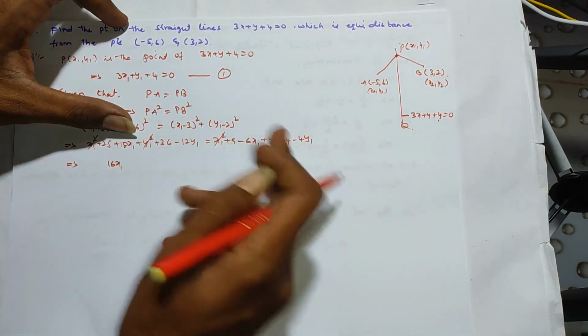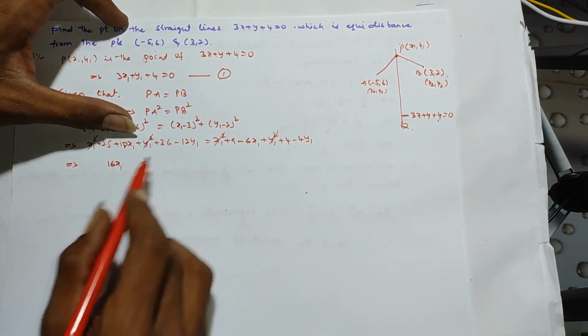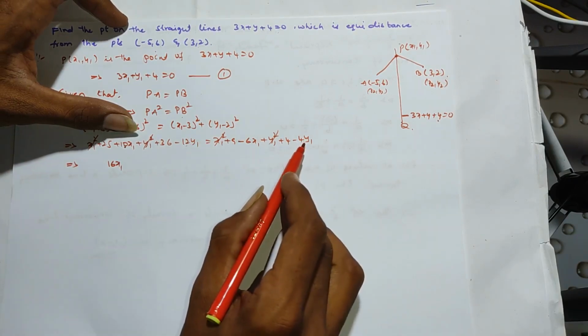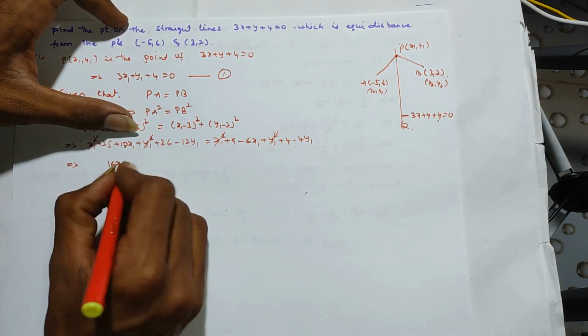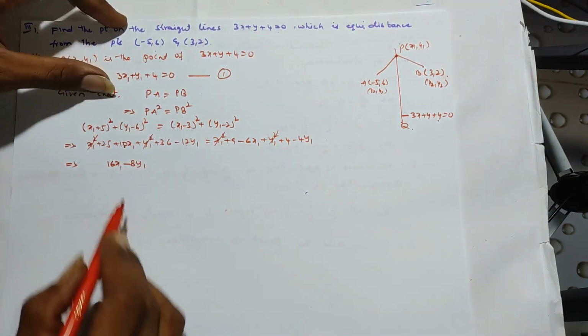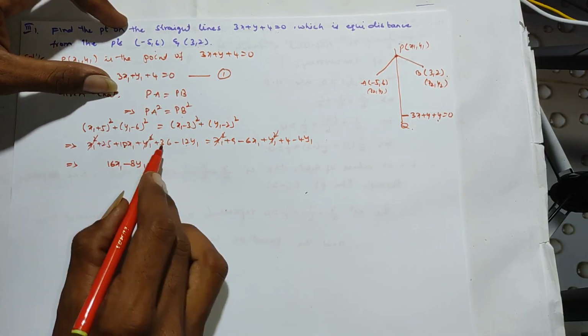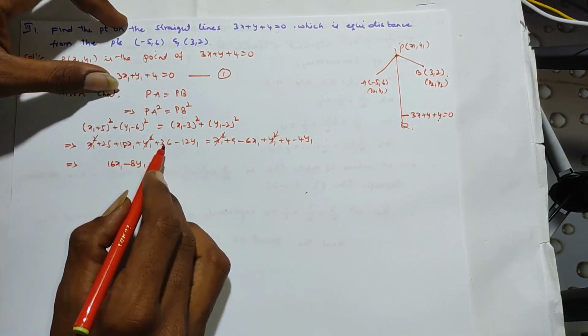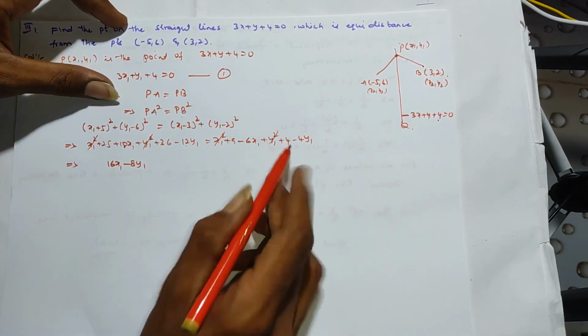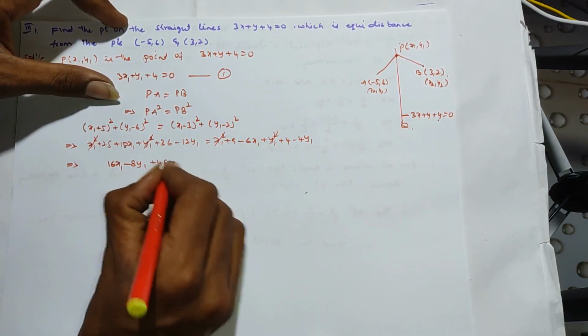I'm bringing everything to the left side. Next, the y1 values are -12 plus 4, that is -8y1. Constants: 25 + 36 is 61, and minus 13 is 48, equal to 0.